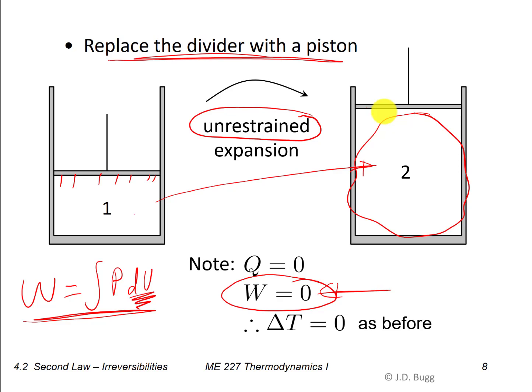Now, the analogy that I've talked about a couple of times for work transfer is pushing on a wall. And I talked about how you could push on a wall all day long, and if there's no displacement, there's no work. Okay? So that's the same as a constant volume process where there's no work transfer.